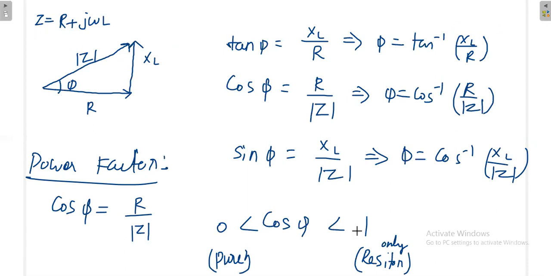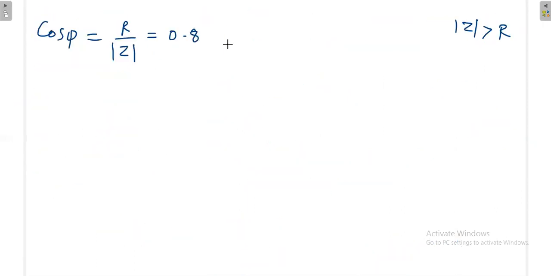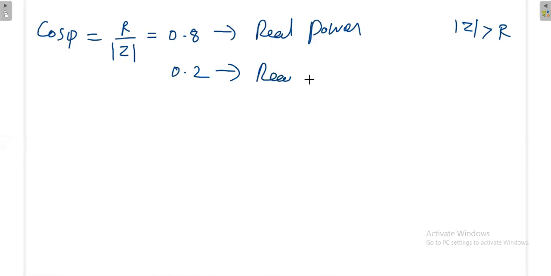So if you write 0.8, that is the real power: out of total power, 0.8 is real power, then 0.2 is reactive power. So if you have some apparent power, 80% of the power is real and 20% is reactive.